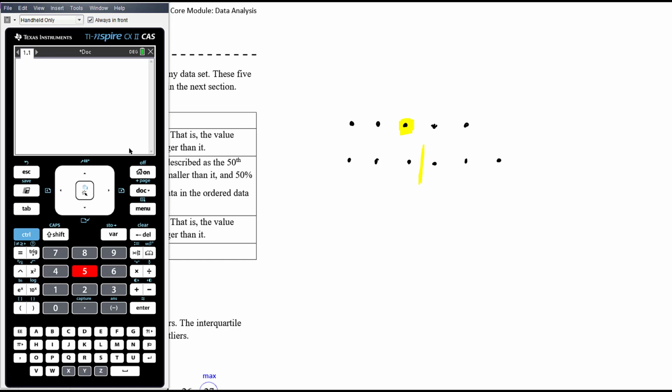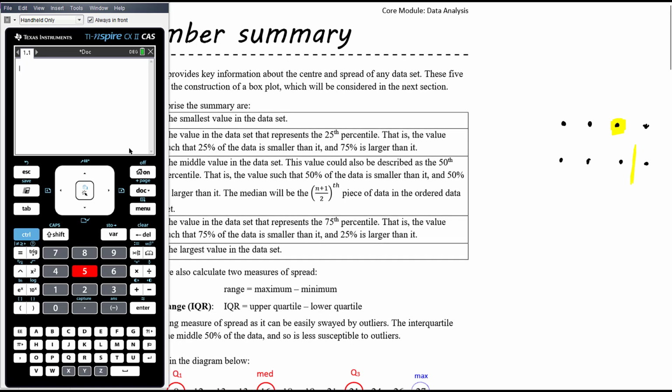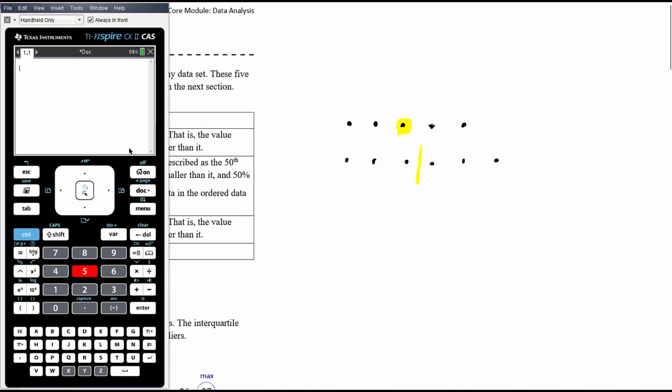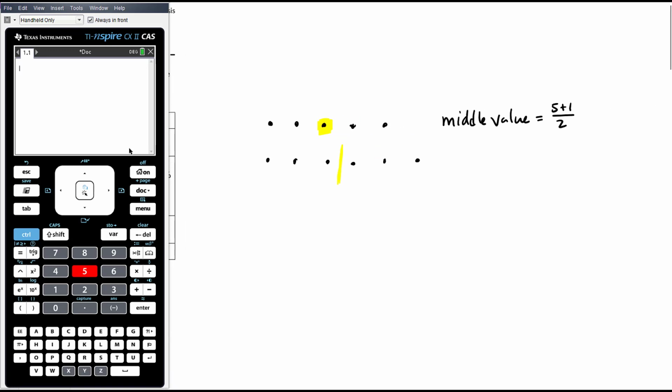And there's a formula we can use, and I've got it written here, for working out which piece of data will be the middle. Okay, we add 1 to the total number of pieces of data and then divide by 2. So here, where we have 5 pieces of data, the middle value is the 5 plus 1 over 2th piece of data. So 6 on 2, which is 3. It's the third value.